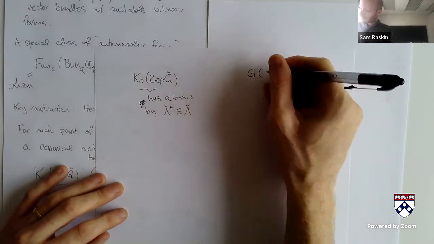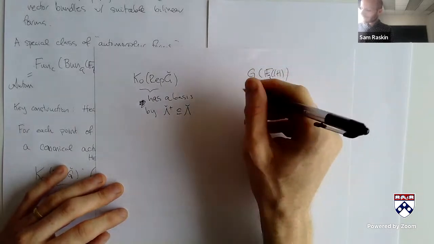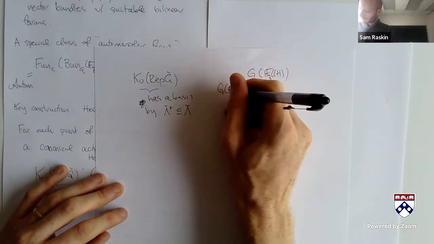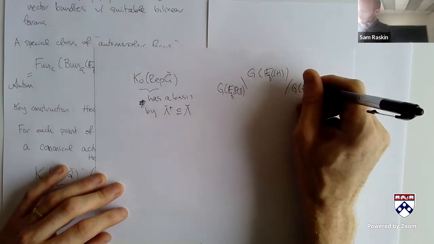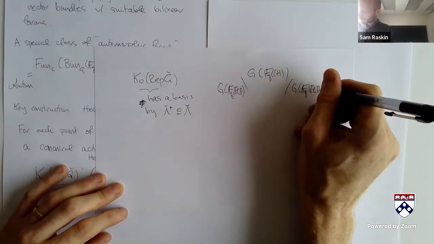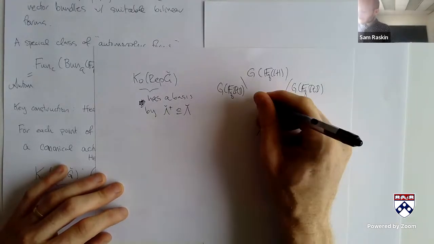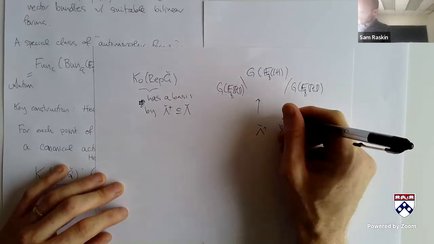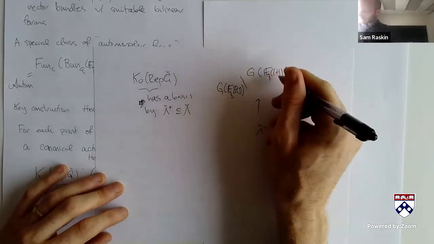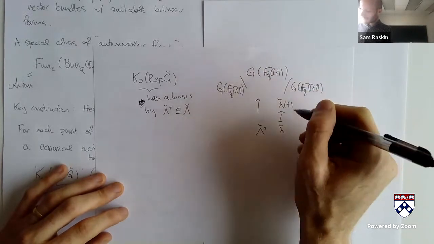There's something else around, which is a certain kind of double coset space involving G. And there's a map from here to here, which sends a coweight lambda check to the point lambda check of t, where t has the same meaning.